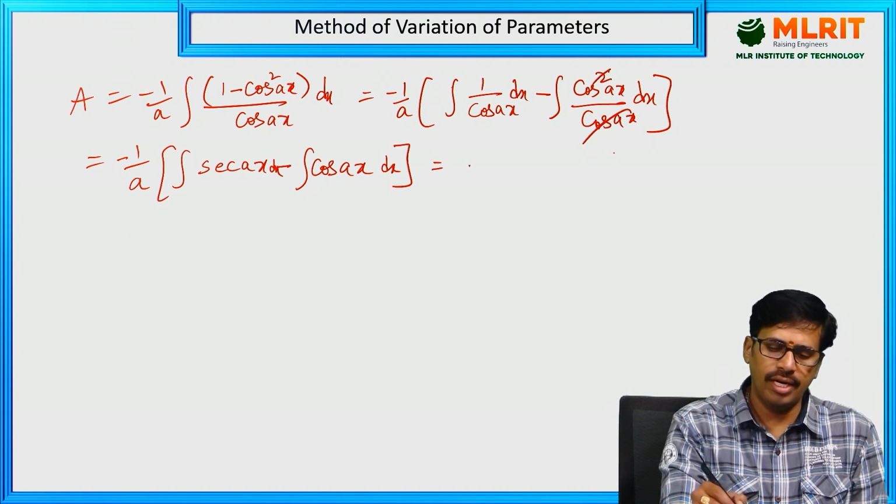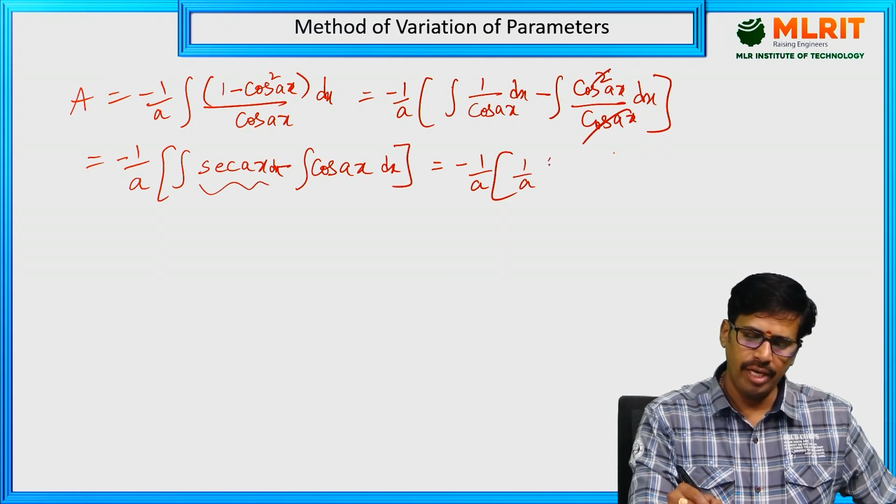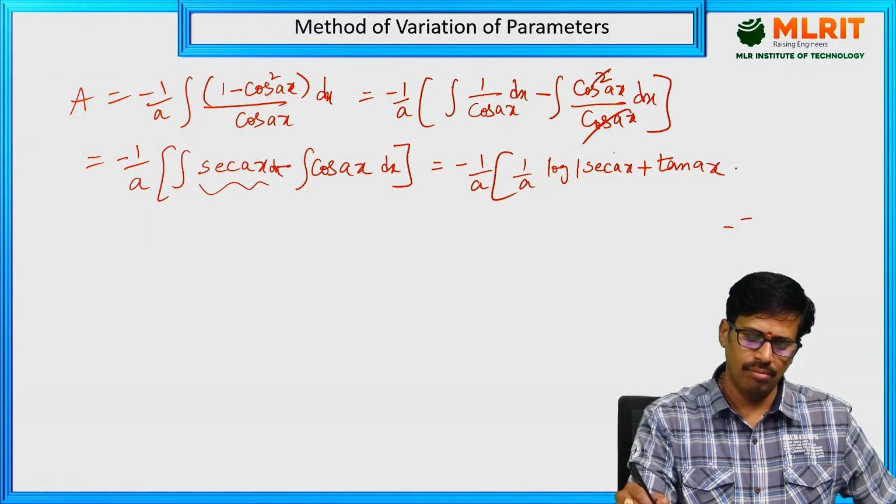So this can be written as minus 1 by a into integration of secant ax is 1 by a log mod secant ax plus tan ax, right? Minus integration of cos ax is sin ax divided by a.